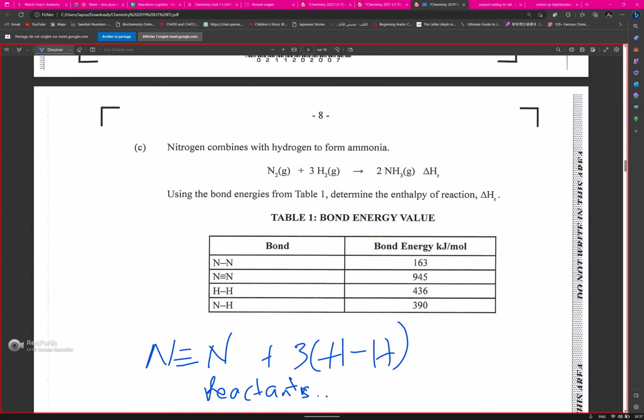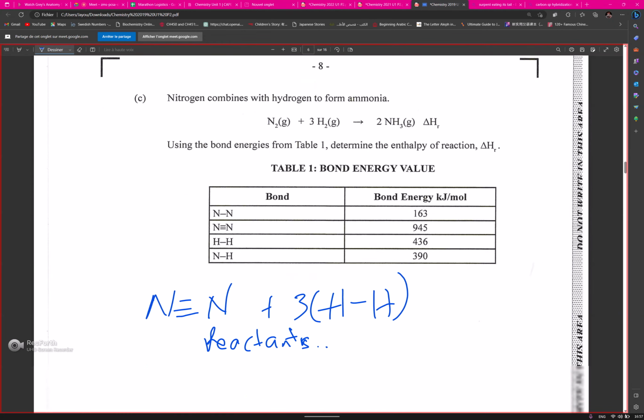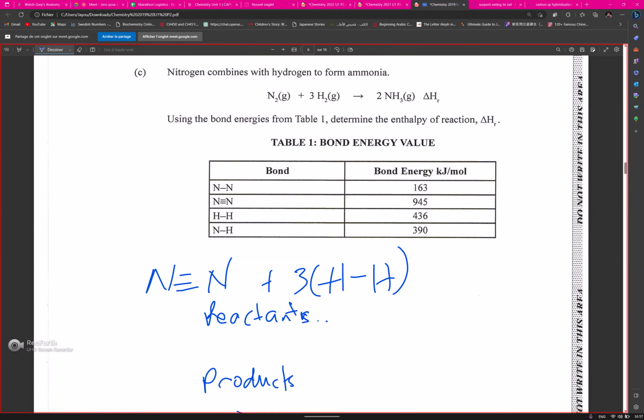Alright, so we're seeing that. Let me check everything over now. So the energy of the reactants would be what? We have nitrogen being 945 plus 3 hydrogen, so 3 times 436.